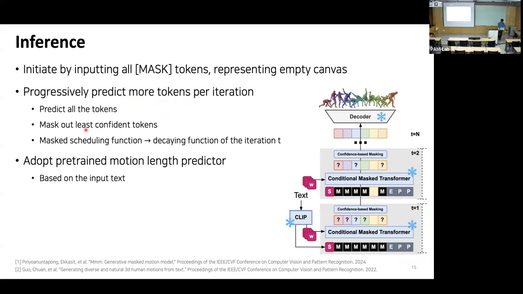So they chose the mask scheduling function using the decaying function, because at early iterations there is high uncertainty in the prediction. So the model should begin with a large masking ratio and only keep a small number of tokens with high prediction confidence.